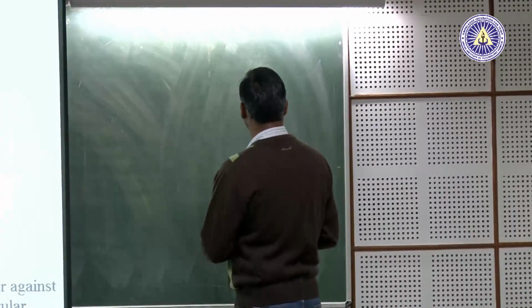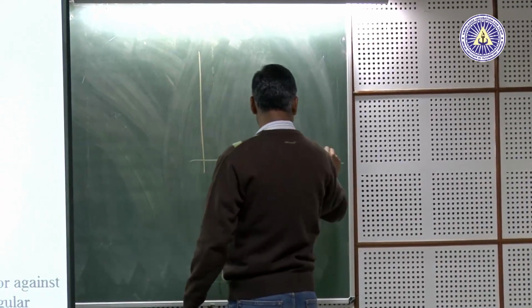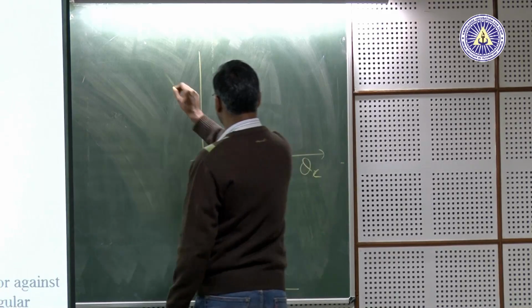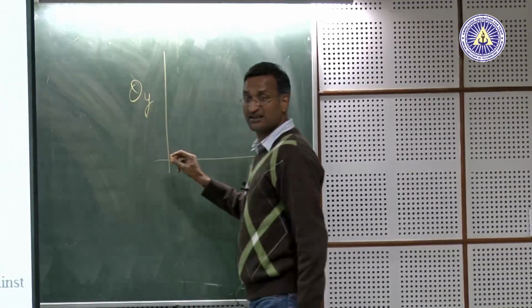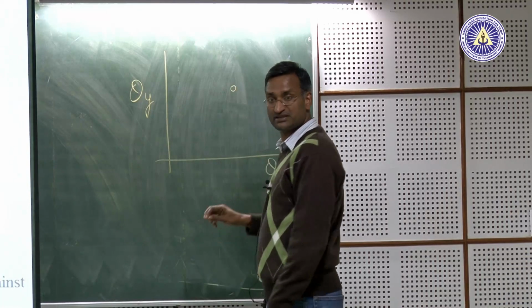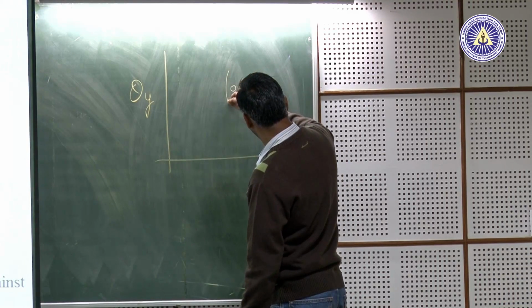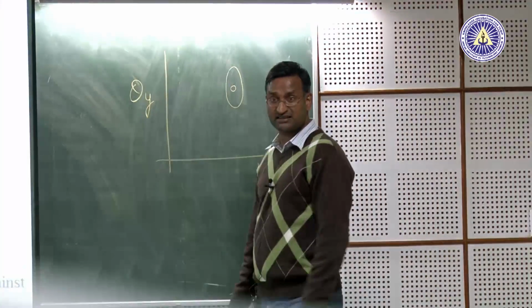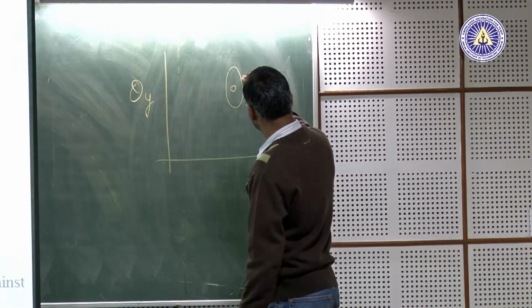So if you look at the Qx and Qy space, and if you look at one particular spot which is assumed to be a point, you will have variation in this direction, variation in this direction, right?